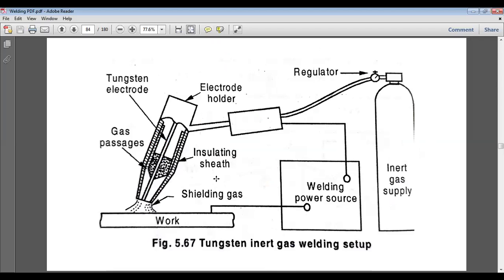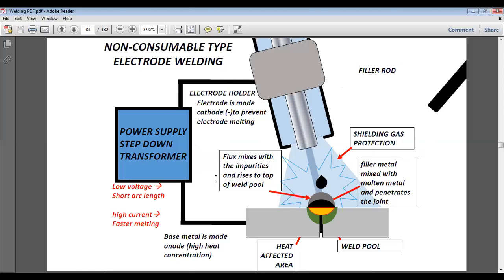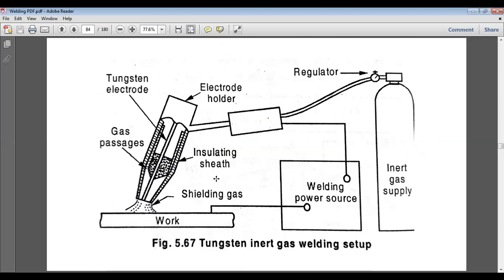Earlier we discussed metal inert gas welding. This time we'll be discussing tungsten inert gas welding, or TIG welding. This is quite similar to MIG welding, or GMAW. This is called GTAW, gas tungsten arc welding, and also called TIG welding. So we don't have to be confused with TIG and GTAW. They are the same. Similarly, GMAW and MIG welding are the same.